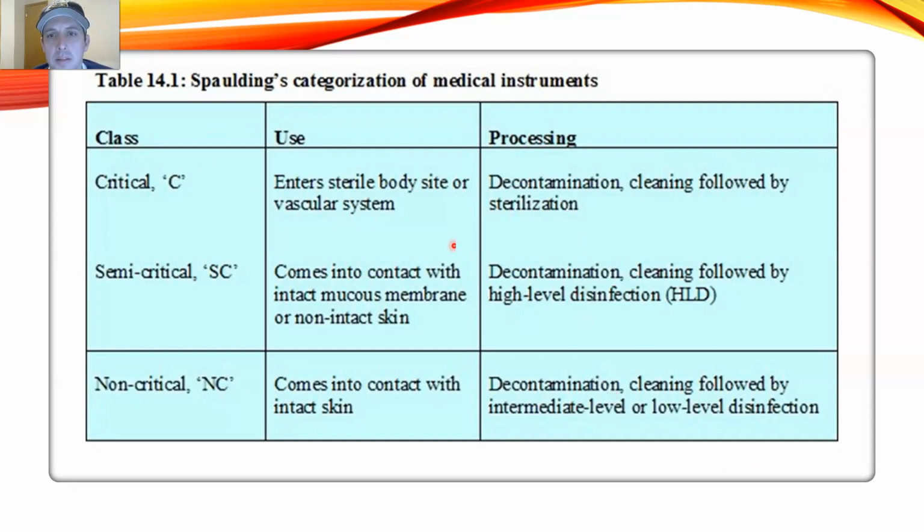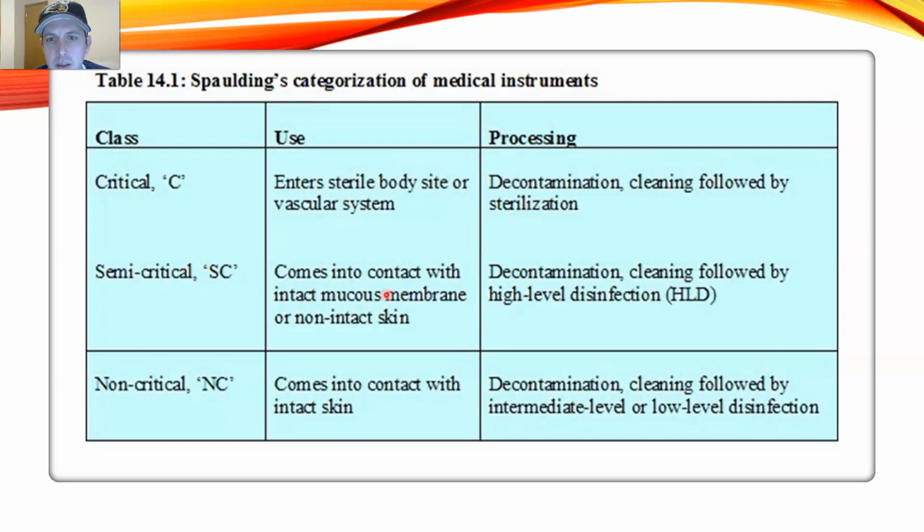So how we decide what level of cleaning comes down to this sort of categorization of medical instruments, whether they're critical, semi-critical, or non-critical. And so you can see these, we'll talk about them more as we go through, but critical are going to be anything that enters a sterile body site, so anything that penetrates the skin or the vascular system, right, needs to be sterilized.